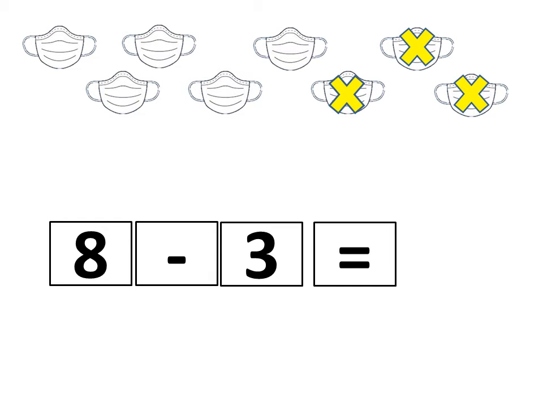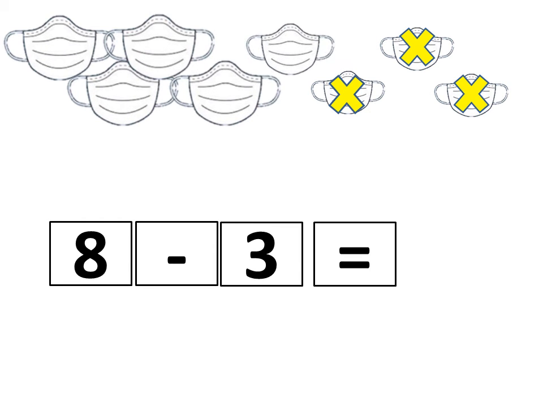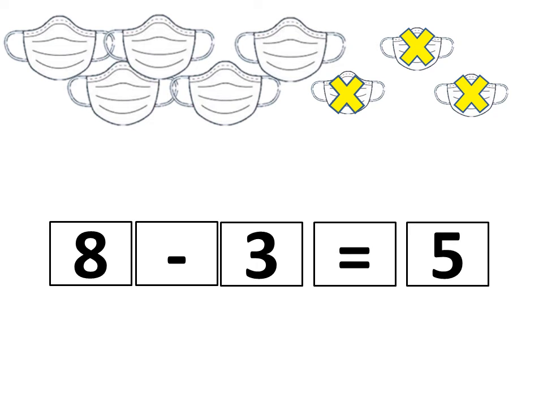And how many face masks were left? Let's count. 1, 2, 3, 4, 5. So the answer is 5 face masks. Again, let's read the subtraction sentence or the subtraction story. 8 minus 3 equals 5.